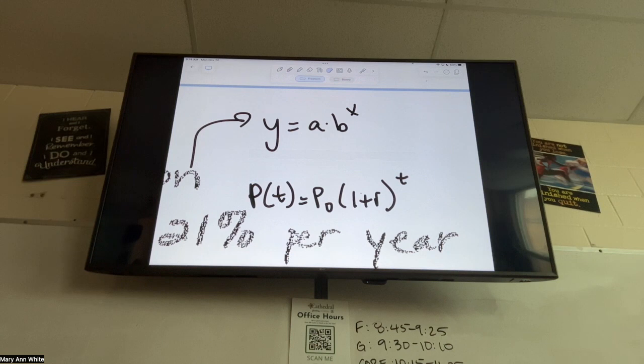And I actually stacked them on top of each other for this, for you to see the similarities. We just said that a was our initial value. So what's my initial value in this new equation? That P sub 0, right? That sub 0 just means my P at x equals 0. So this is my initial value.